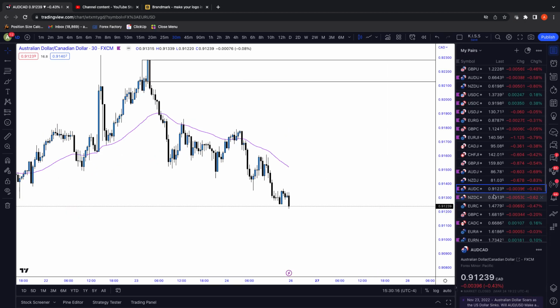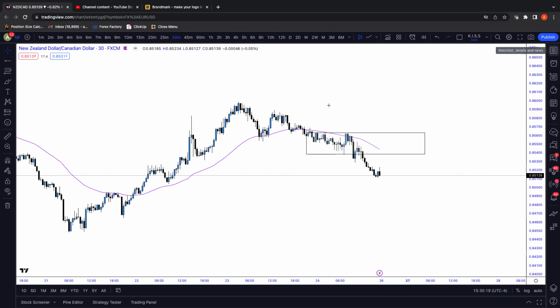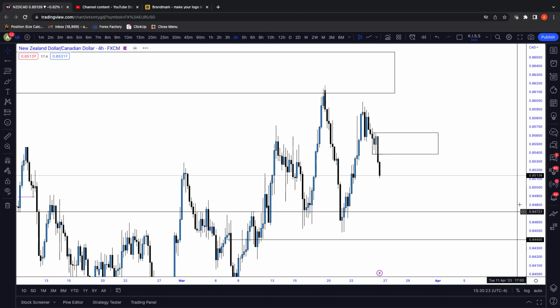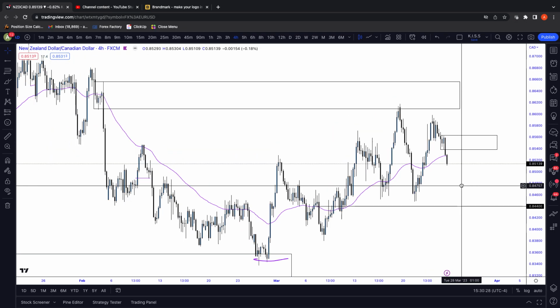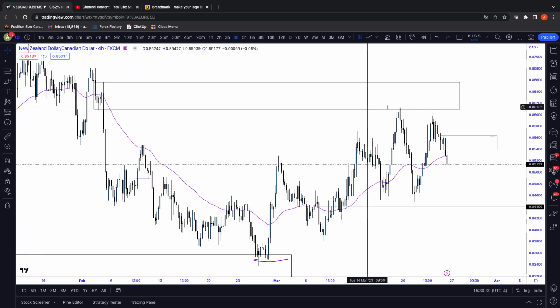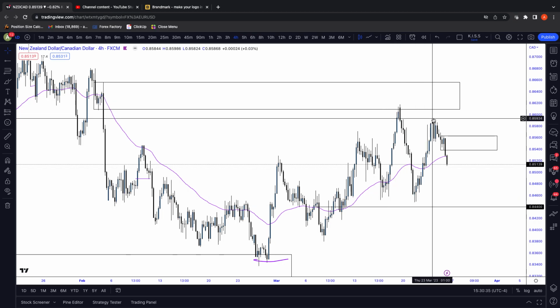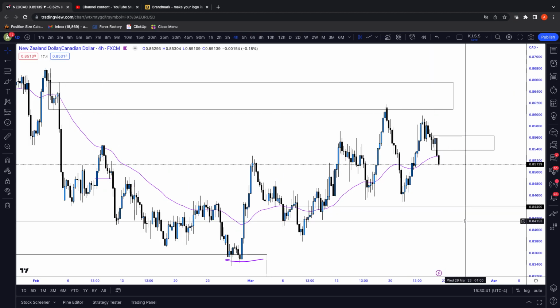So that's the bias. Very similar type of situation on NZD CAD, where we have this 4-hour here, after having traded into our flip zone, a nice reaction off the flip zone. We have the change of character here. We pull back, fail to create a higher high, appear to be creating a lower low, and so naturally can expect a new lower low.